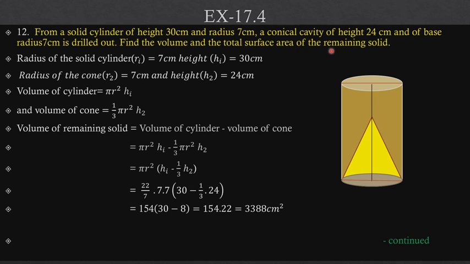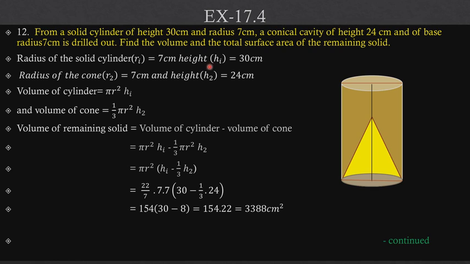So we need to find the volume of the cylinder, then the volume of the cone, and whatever is remaining we can find by subtracting both the values. So to find the volume of the remaining solid, we subtract the volume of cone from the volume of cylinder. I have taken the radius of the cylinder as R1 and radius of the cone as R2.